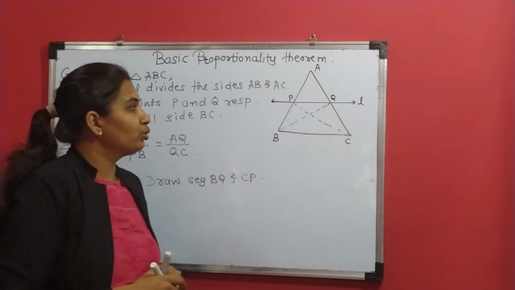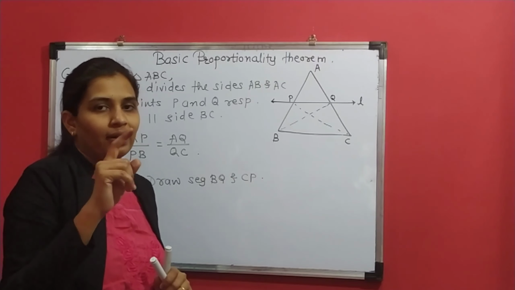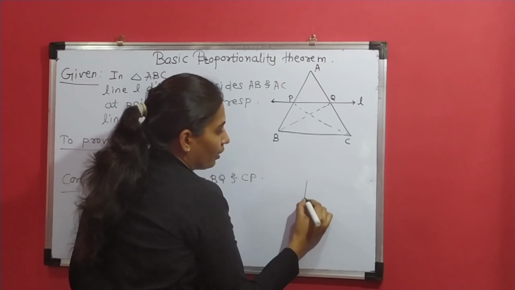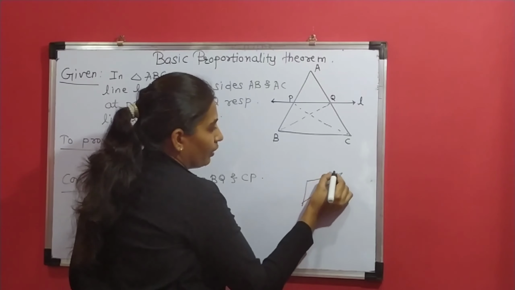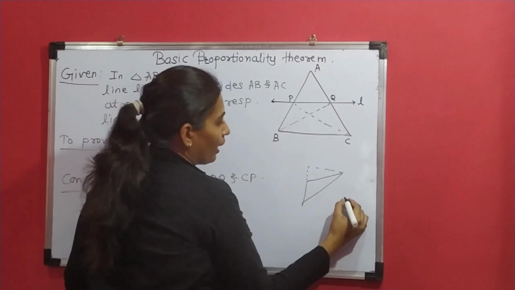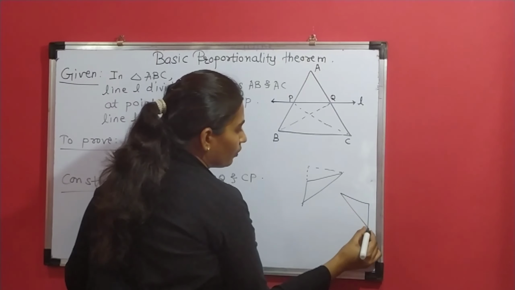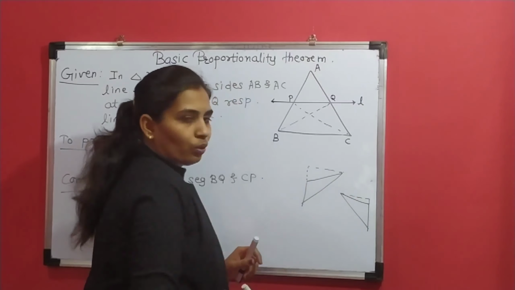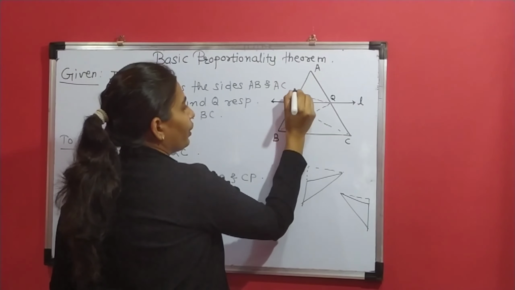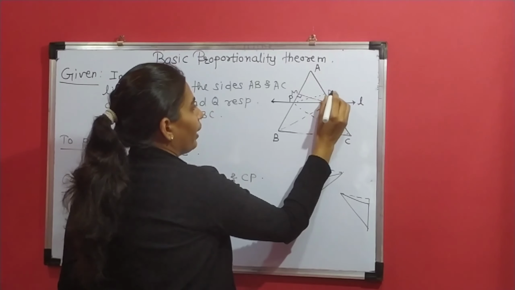These BPQ and CPQ are obtuse angle triangles. If it is an obtuse angle triangle, then its height will be like that. And this will also be an obtuse angle triangle, so its height will be like that. So I can draw a perpendicular QM and a perpendicular PM.